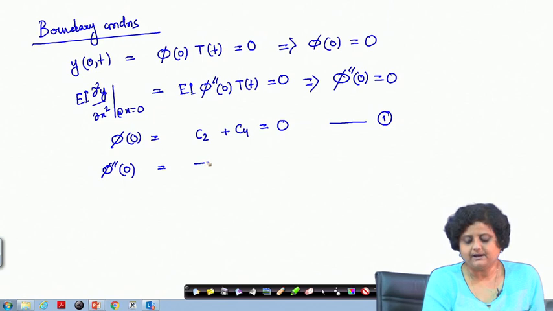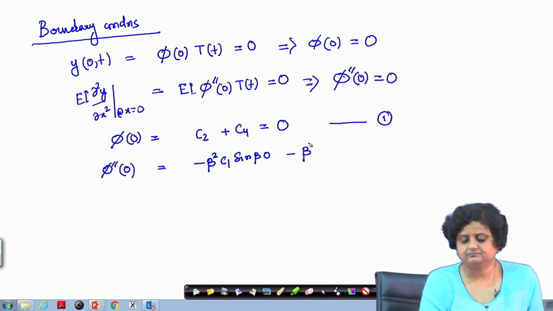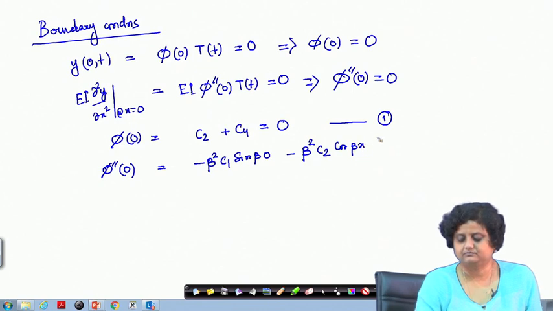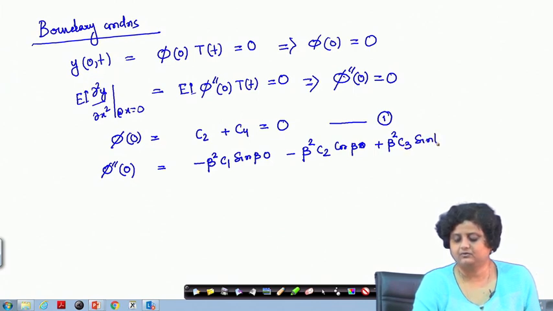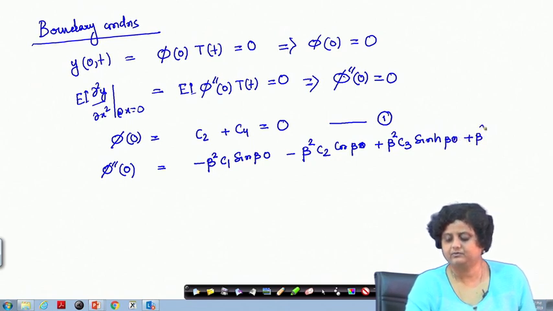That is minus beta square C1 sin beta 0, so that is again equal to 0.